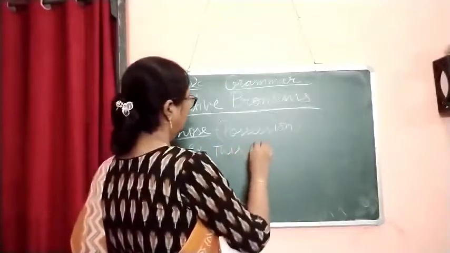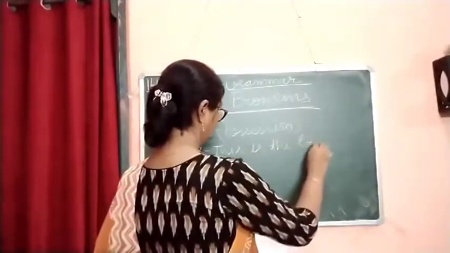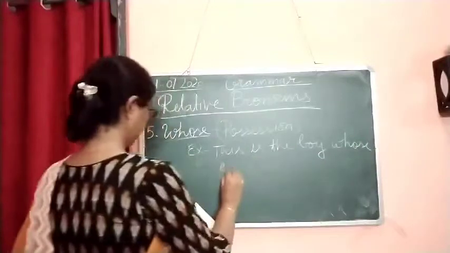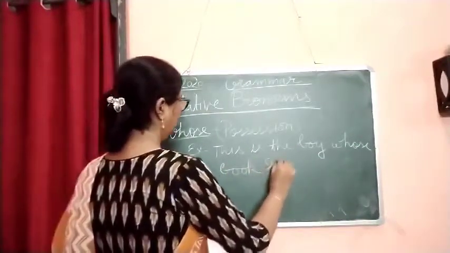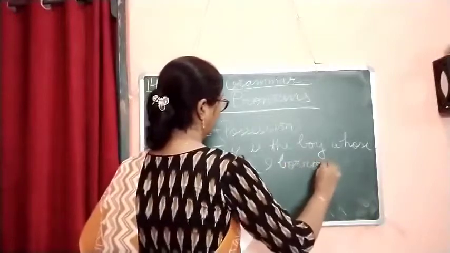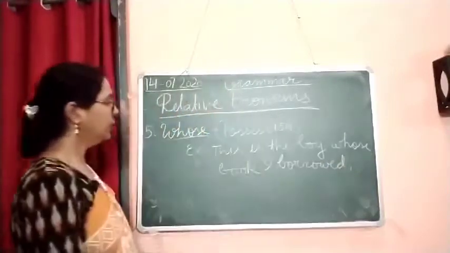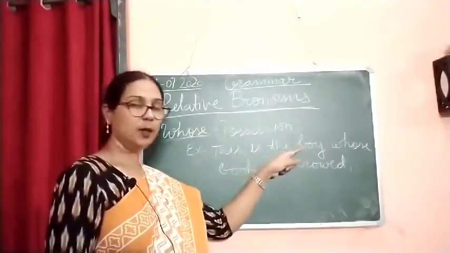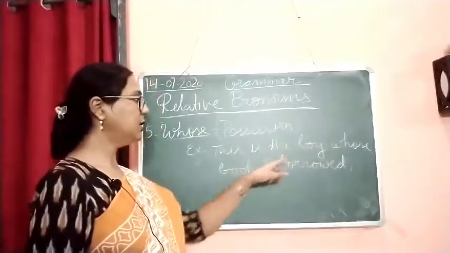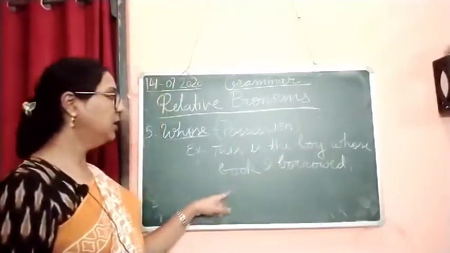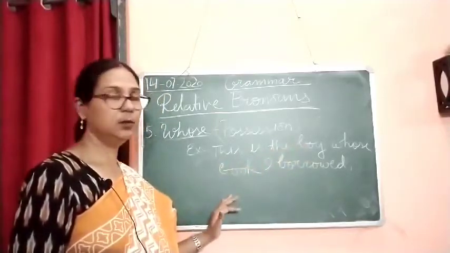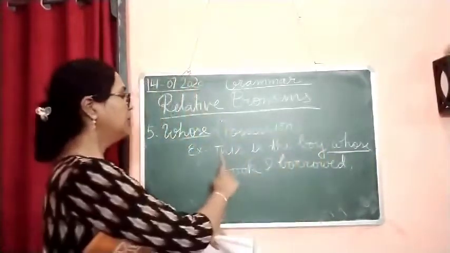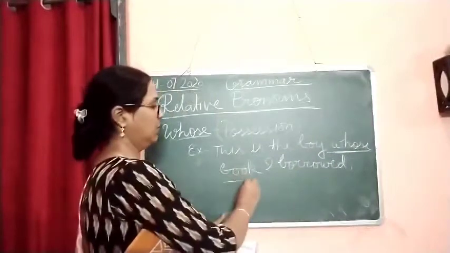This is the boy whose book I borrowed. So here you can see the book belongs to that boy, and whose book, because it is showing the boy's possession of the book. That is why I have used whose. This is the boy whose book I borrowed.